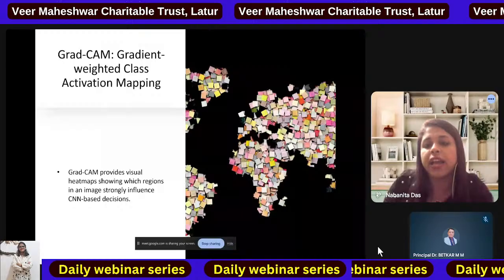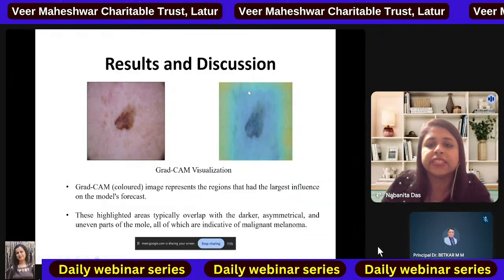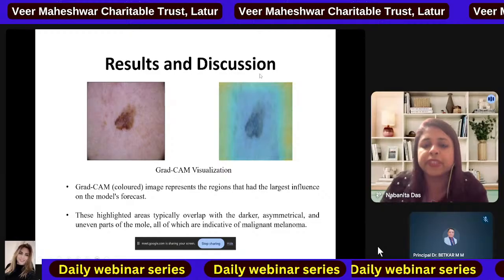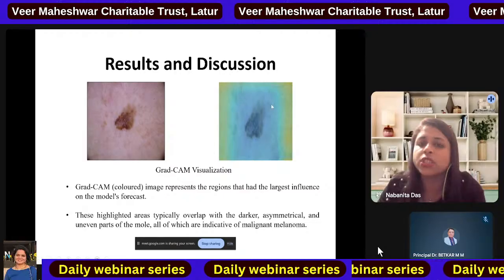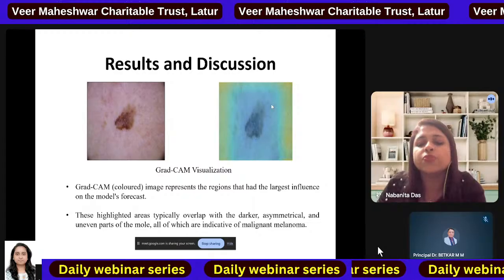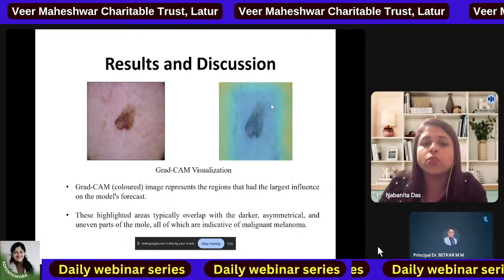So here we have used the concept of GradCam also. This is the skin cancer part, and here I give one small demo. It highlights the part where the skin cancer is present, and it can also generate the heat map report based on which features the skin cancer is mostly affected. So GradCam has that power.